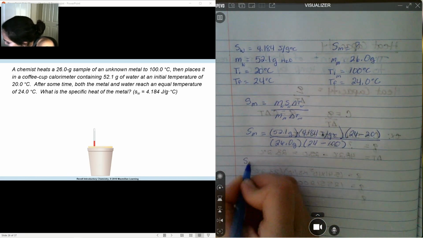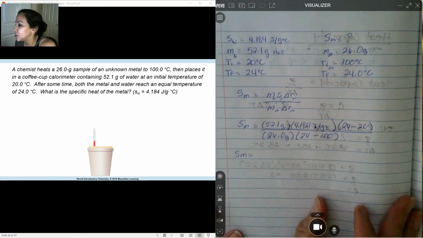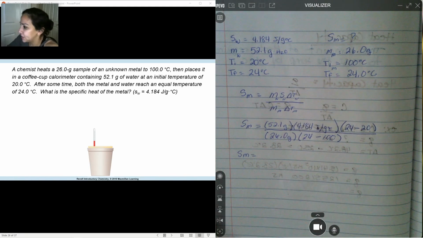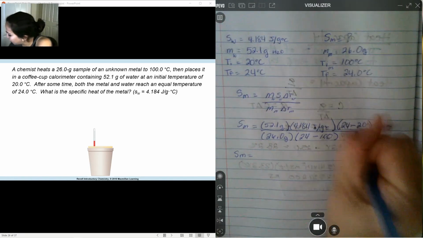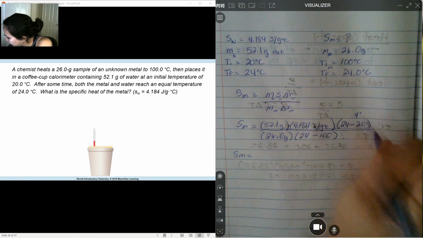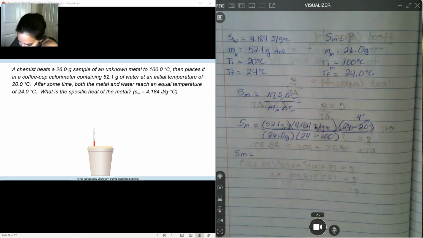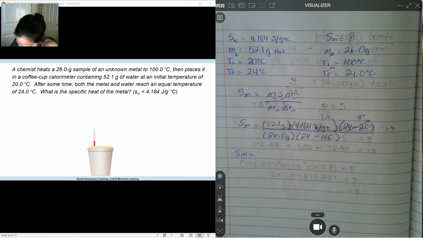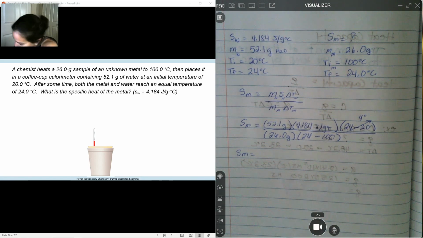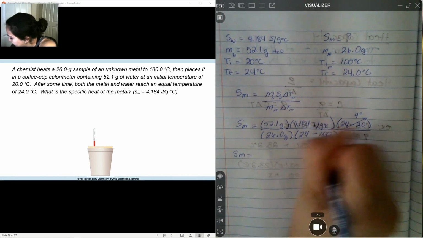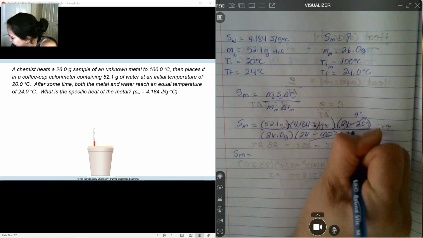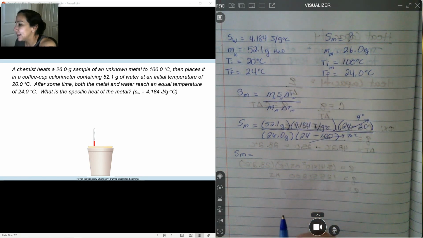All right. So the specific heat of my metal, now we could just start calculating some items here. So 24 minus 20 is just going to be 4 degrees Celsius. 24 minus 100, I should be able to do that in my head, but I can't. So that is 76 degrees Celsius. That's going to make that a lot easier.